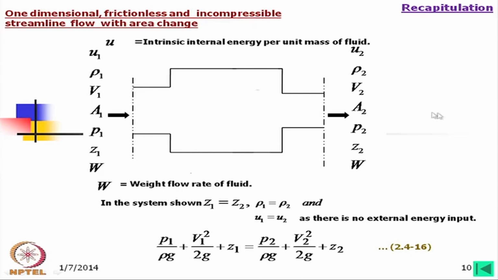If we consider two sections in any conduit, then u is the energy, rho is the specific gravity, V1 is the velocity, A1 is the area, P1 is the pressure, Z1 is the height, and W is the weight flow rate of the fluid, at one section and the other section. Then we can use this equation for Newtonian fluid, and in fluid power analysis we mostly follow Newtonian fluid.